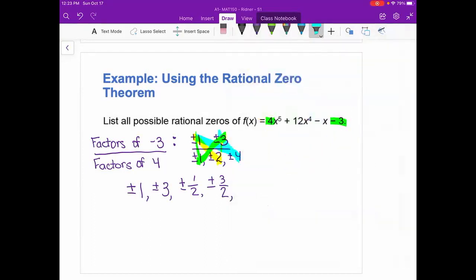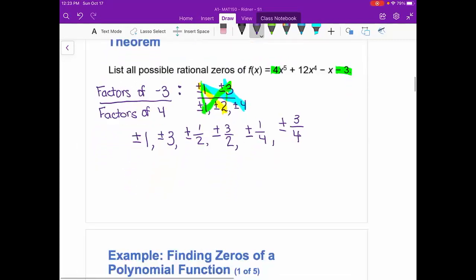So 1 divided by 4 and 3 divided by 4 gives me 1/4 and 3/4. So this would still kind of suck to have to figure out whether each would be a rational zero. I would have to use synthetic division and see if I got a remainder of 0 for all 12 of these factors, because I have both the positive and the negative. So not super helpful when you have a long list like that.